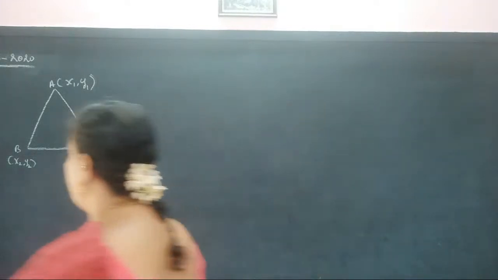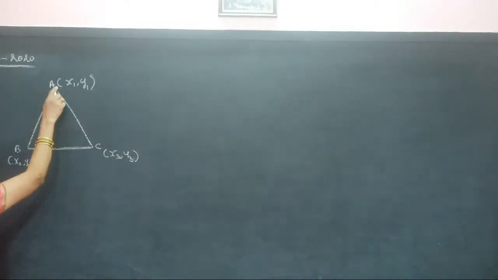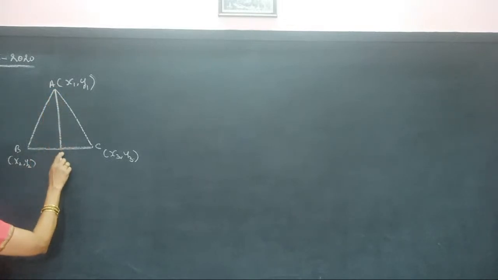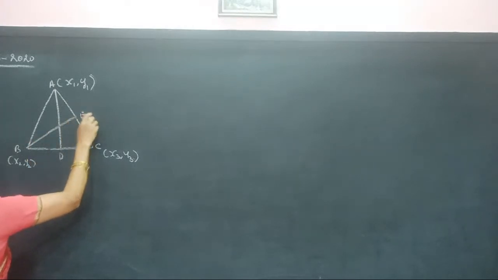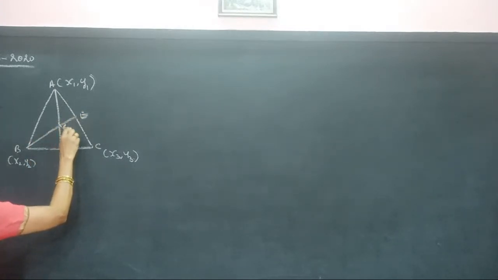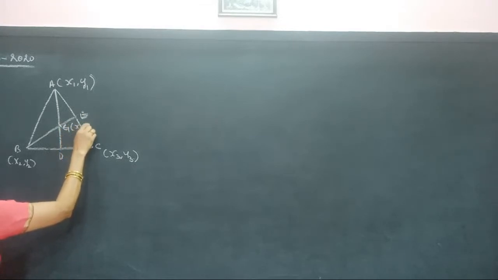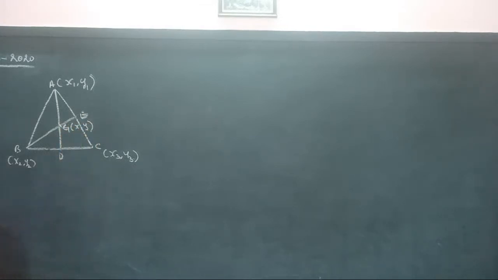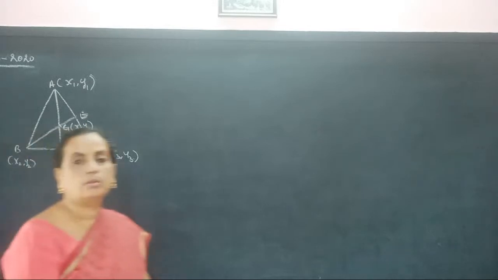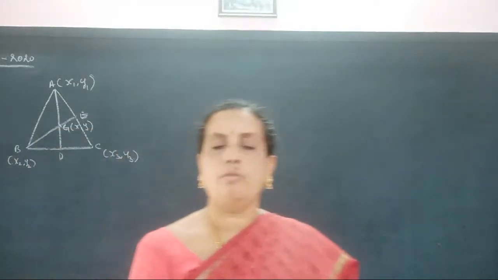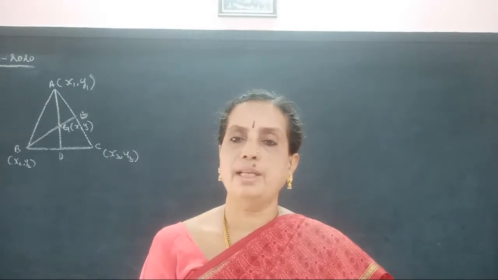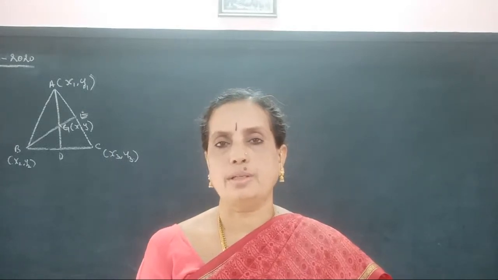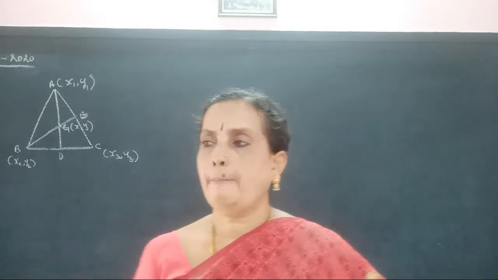And we require the centroid. Join A to D. This is the midpoint of BC. Join B to E. So this point is centroid G, x comma y. We have to find out the coordinates of x comma y. How to get the coordinates of G, x comma y is the question. Take the figure.